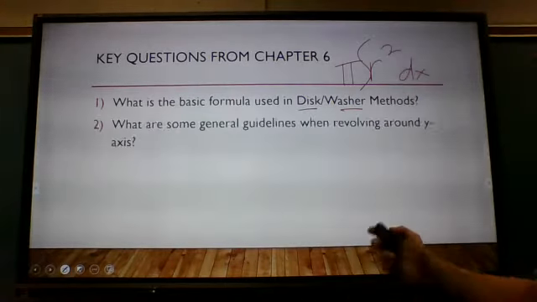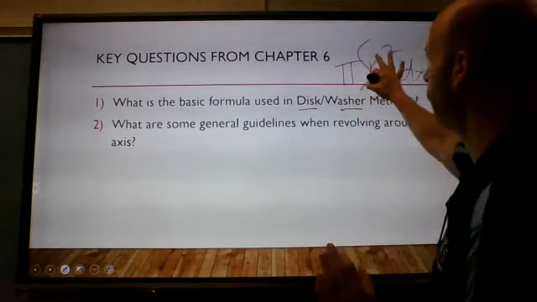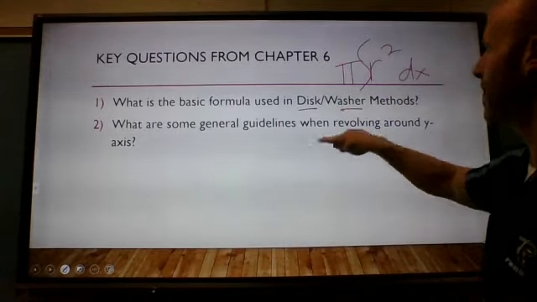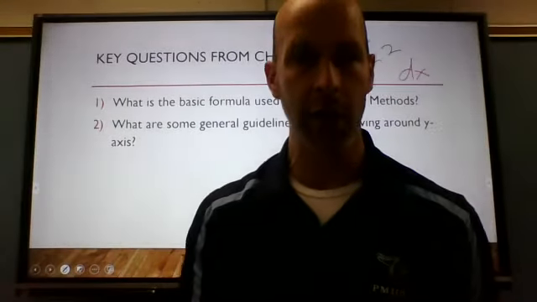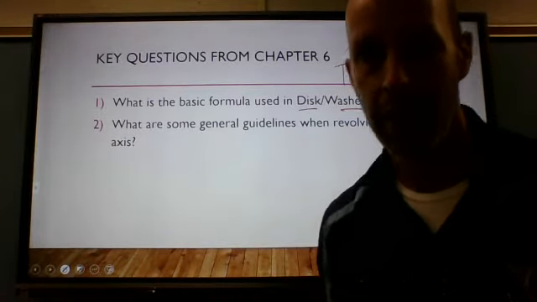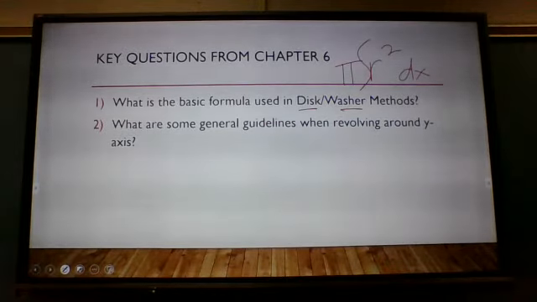Pi r squared. What are some general guidelines for revolving around the y-axis? And again, I don't want the formula. Let's say instead of revolving it around the x-axis, I ask you to do a problem where I ask you to revolve it around the y-axis. What are some things we need to make sure we take care of? Emily, go ahead. You have to change the x and the y.